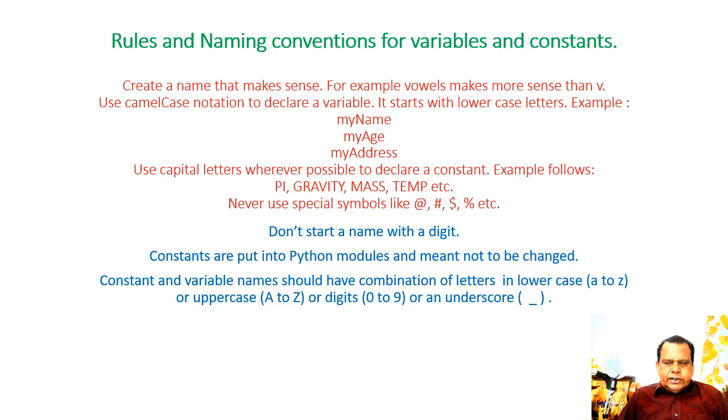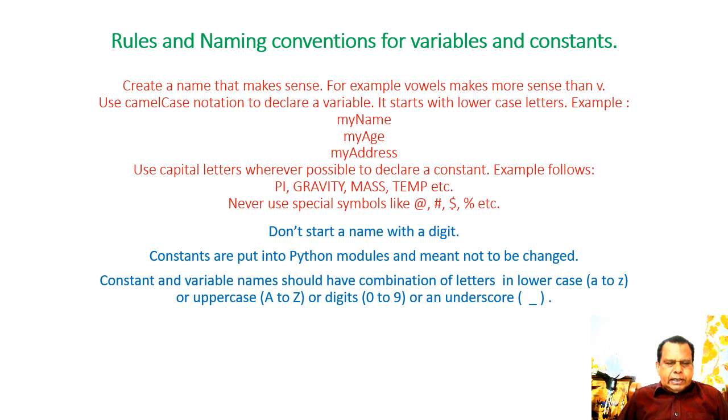It starts with lowercase letters. For example, myName, M is a small letter. Again, myAge, myAddress, M is a small letter. The next word, Address, A is a capital letter. Age, A capital letter. Name, N capital letter. This is actually what is called camel case.